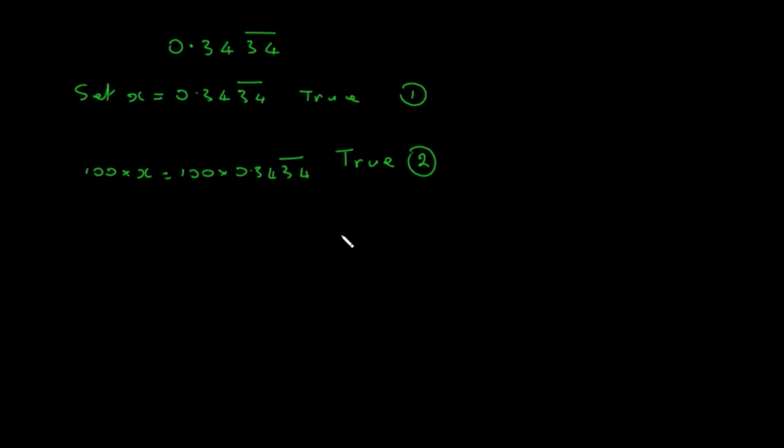Right, now this one here, equation 2, becomes 100 lots of x, and this one here, we in fact move the numbers to the left by 2 noughts, the decimal point stays still. So we end up with 34.34, where they go on forever. So I'll call that 2a.